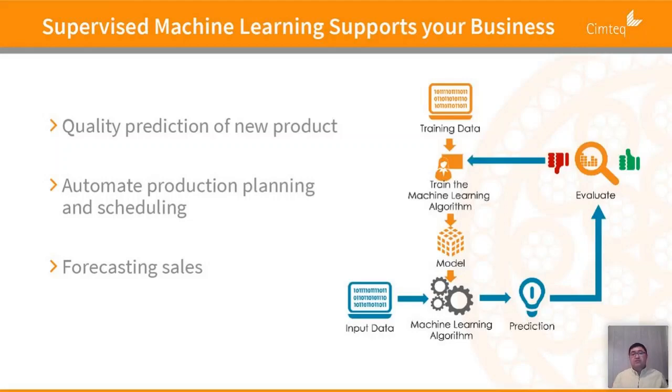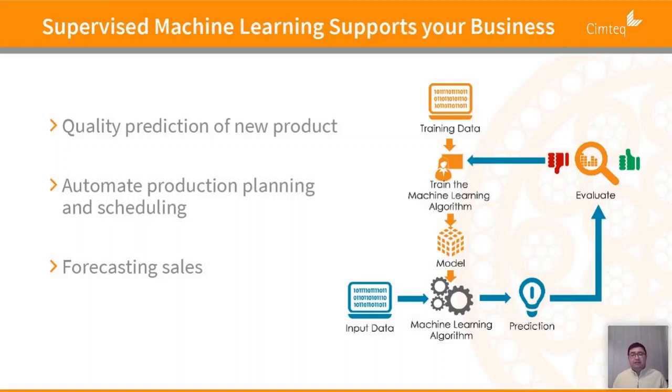So if we're using supervised machine learning, we can use the past planning data to train a model to do the plan. This supervised machine learning can use the previous data to train itself, and then you can use this module to plan for the future.